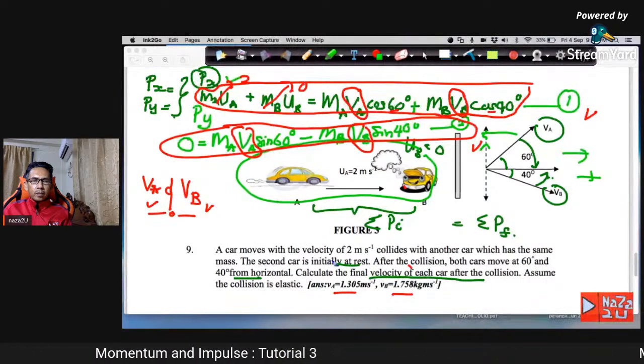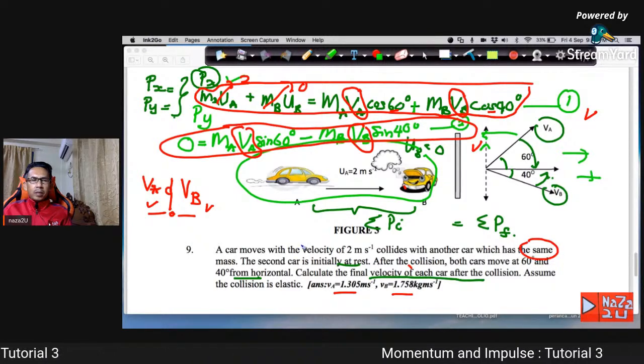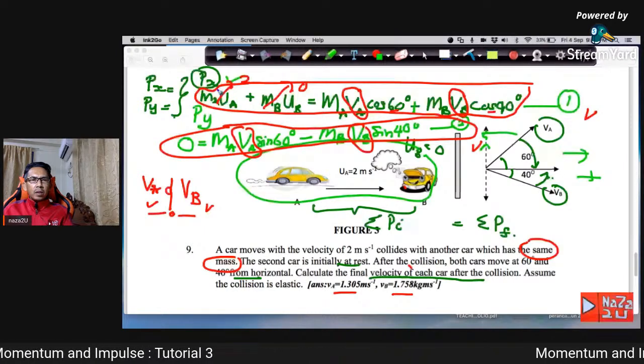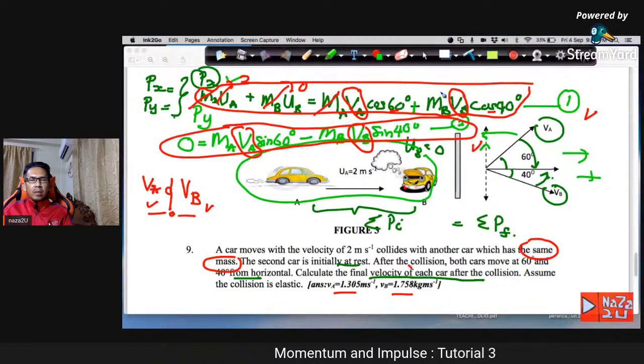Oh sorry, we have the same mass ya, that's why bila the same mass itu maksudnya mass ini pun kita boleh cancel juga ni. Okay, kita boleh cancel juga sini. We have the same mass.